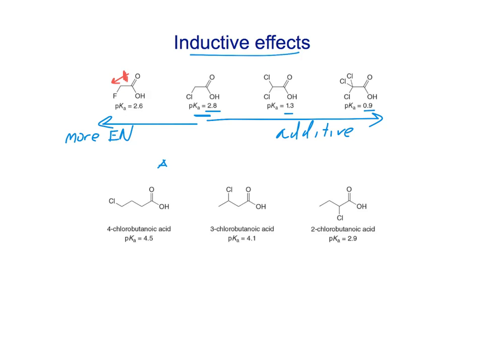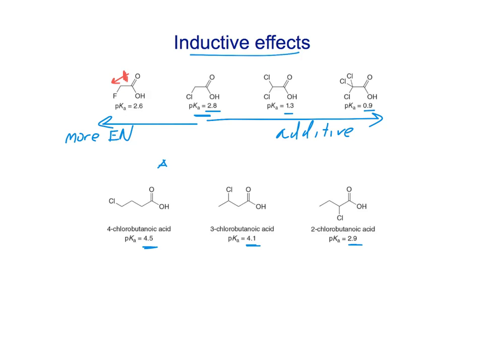Now the bottom one, what's the trend for the bottom three? We're going from 2.9 to 4.1 to 4.5. So the pKa is rising as we go to the left. The electronegative group is closer on the lower pKa ones.